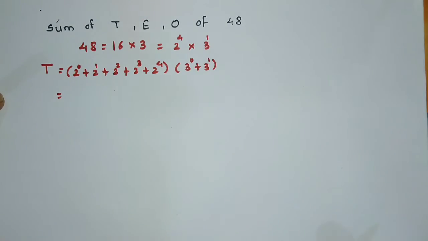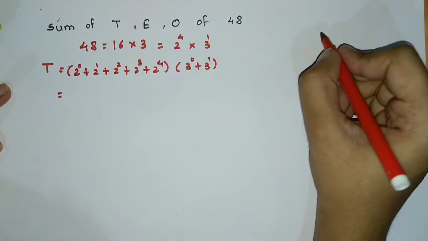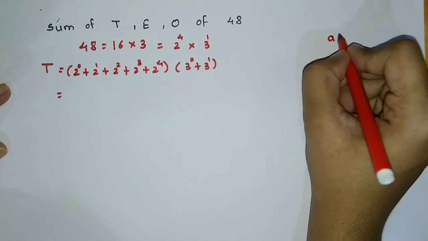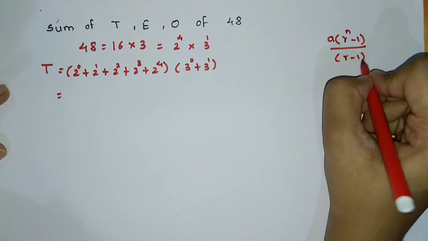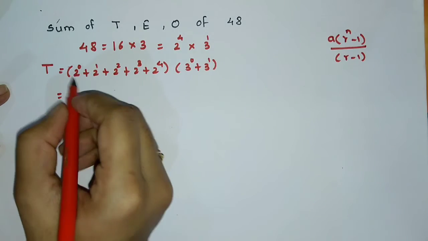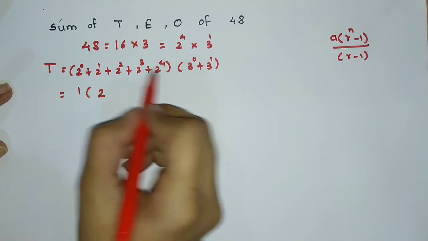Let's use geometric progression. The formula is a into r raised to n minus 1 divided by r minus 1. a is the first term, 2 raised to 0 is 1. What is r? r is 2. What is the number of terms?